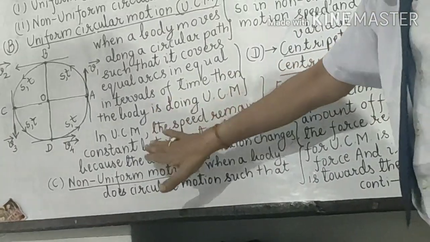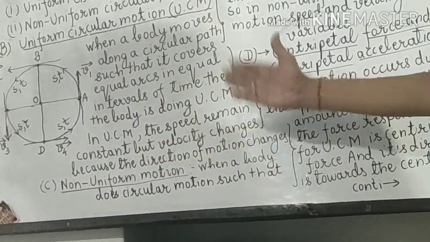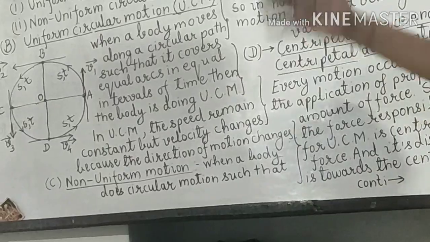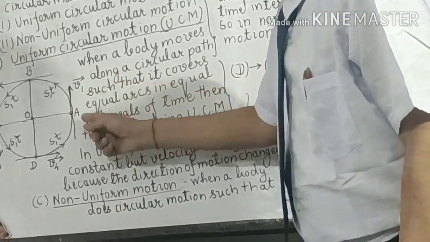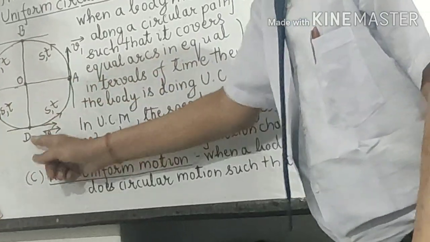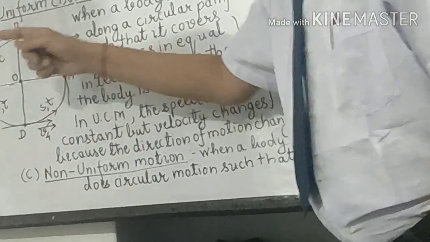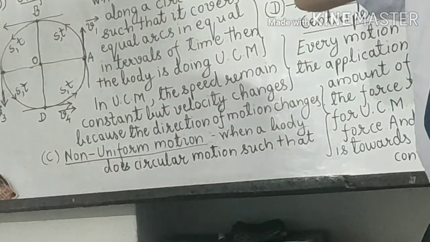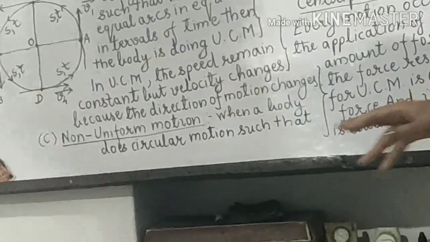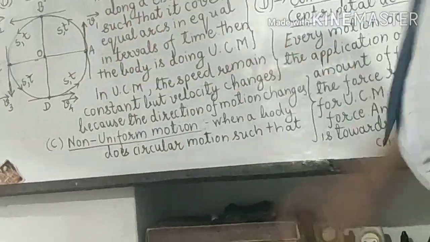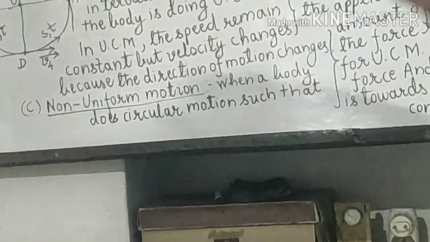So the speed remains constant, but the velocity changes. Why does the velocity change? Because the direction of motion at A, B, C, D is represented by tangents, and tangents point in different directions. So the velocity changes.